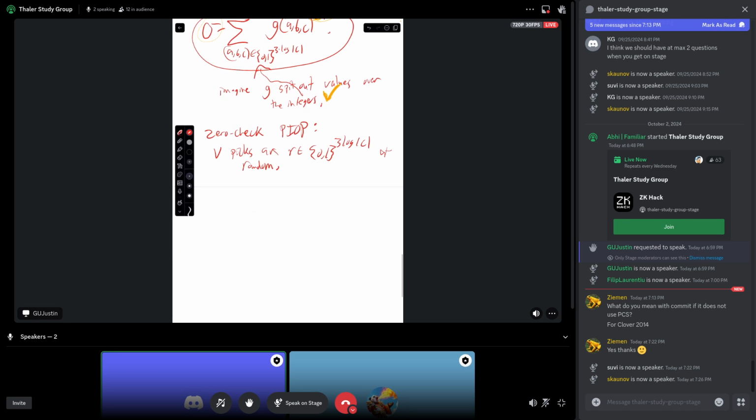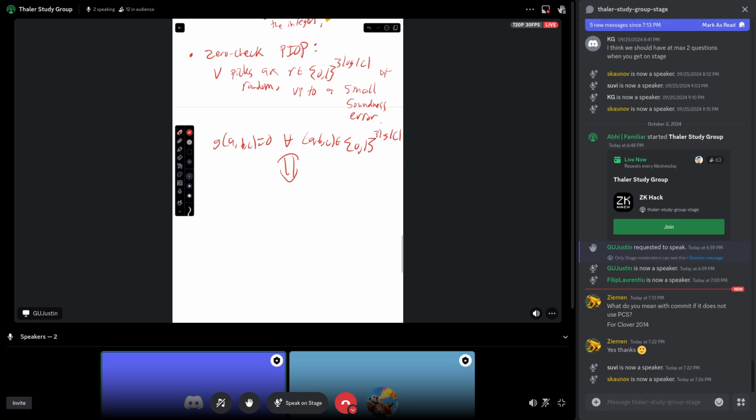And up to a small soundness error, I'm going to be a little hand wavy here, it does turn out to be the case that G(A,B,C) equals 0 for all Boolean inputs A,B,C in {0,1}^(3 log circuit size), if and only if the sum over A,B,C in {0,1}^(3 log circuit size) of equality of R comma ABC times G(ABC) equals 0.